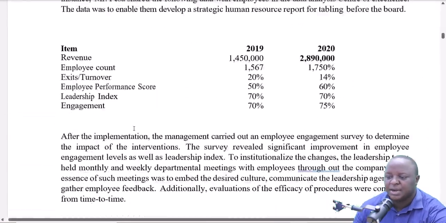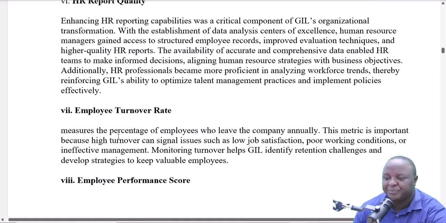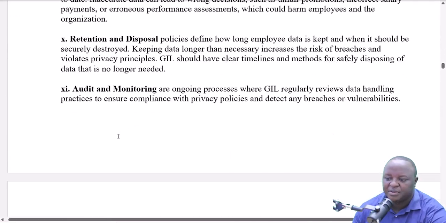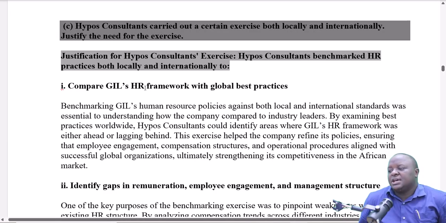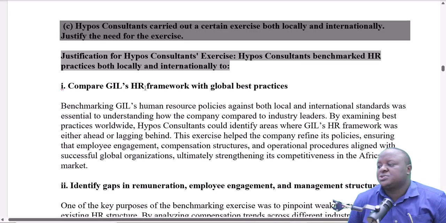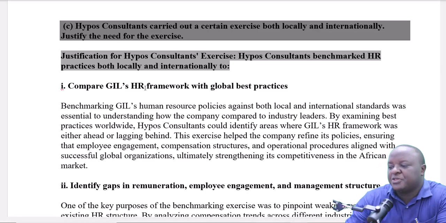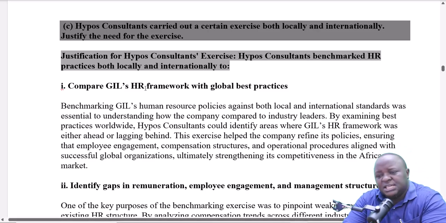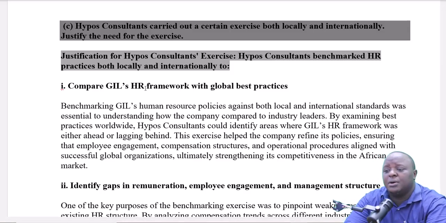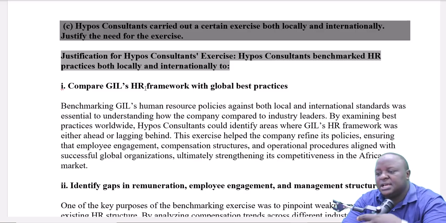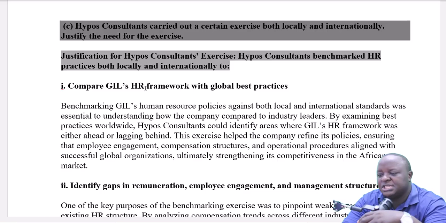So our question now in that part is, justify the need for these exercises. So justification of HIPO's consultant exercise, which was just about HIPO's to benchmark the HR practices both locally and internationally, is that first, there needed to be a comparison between GIL's HR framework with global best practices.